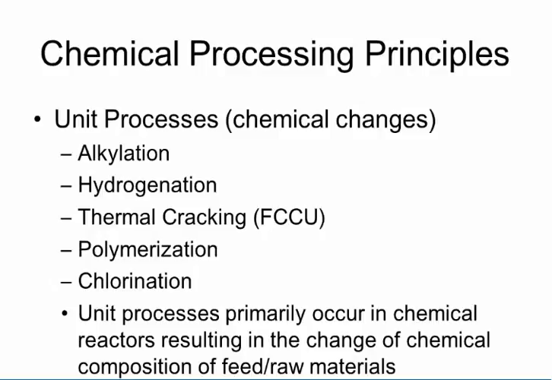Where you're adding a repeating molecule like CH2 a number of times to get PVC. Sorry, it will come back to me shortly. Chlorination, where we add a chlorine, bromination, a bromine, and so on and so forth. So unit processes primarily occur in chemical reactors, changing chemical compositions of feed, raw materials.